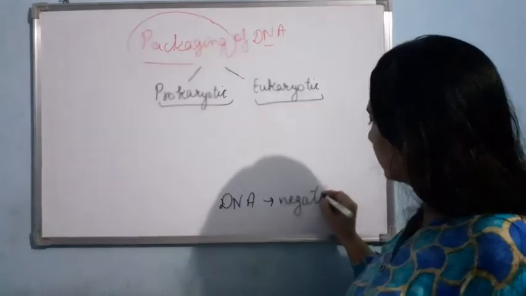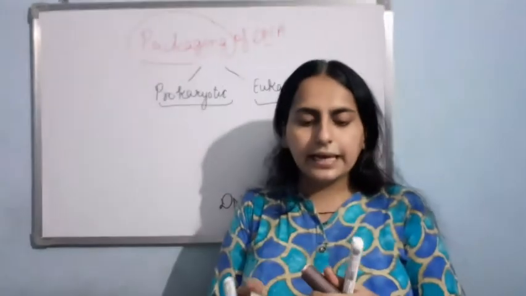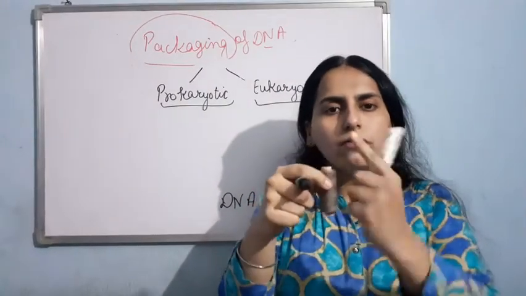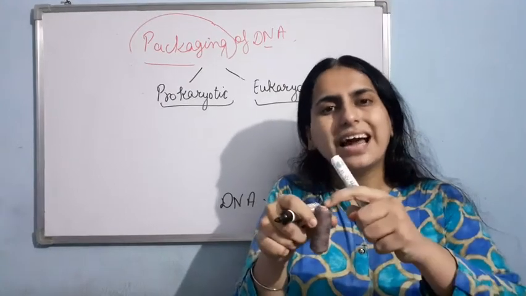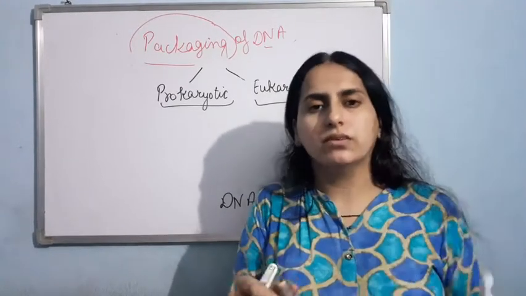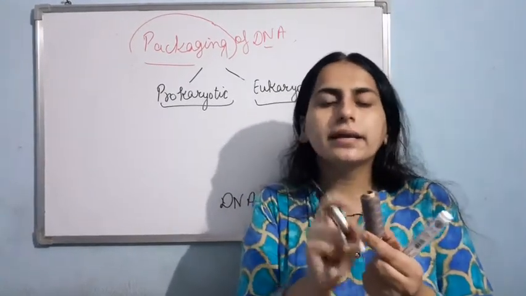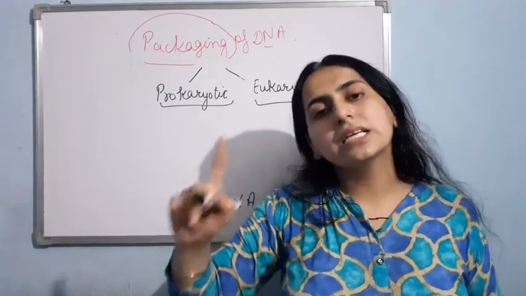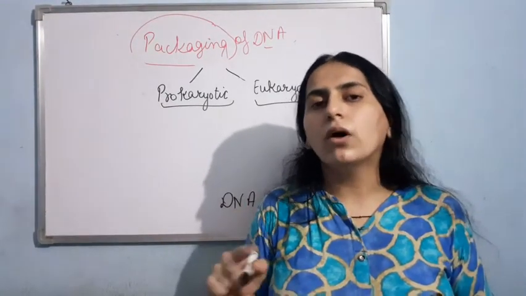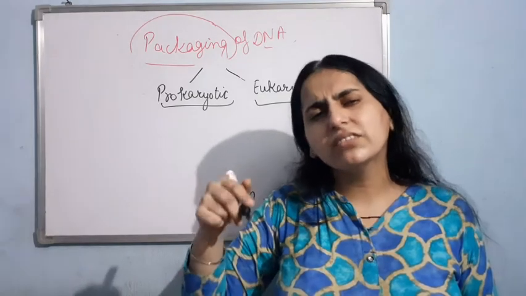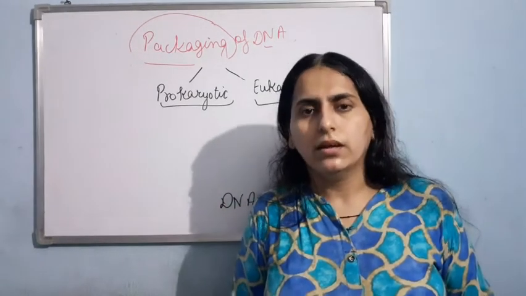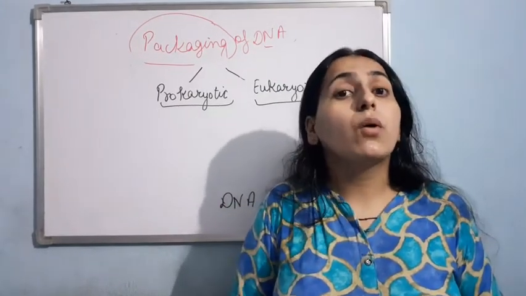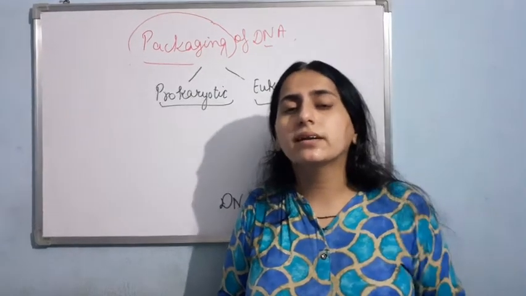Now just think, can the DNA wind over a thing that is negative or positive? Your DNA is negative. Will this negative DNA wind over a positive thing or a negative thing? The answer is positive, because positive and negative attract.